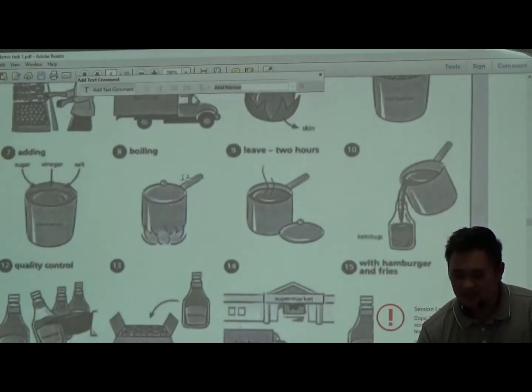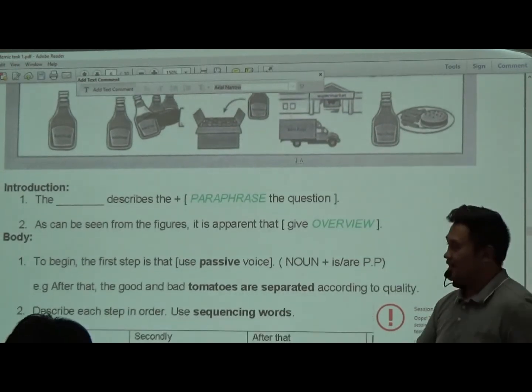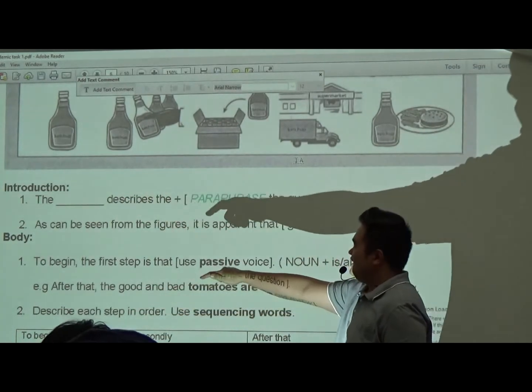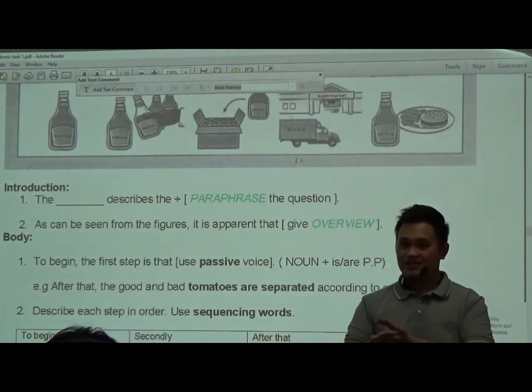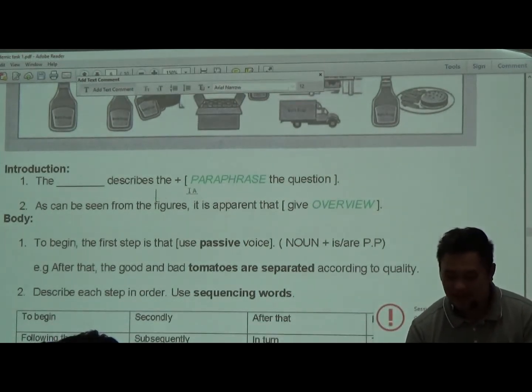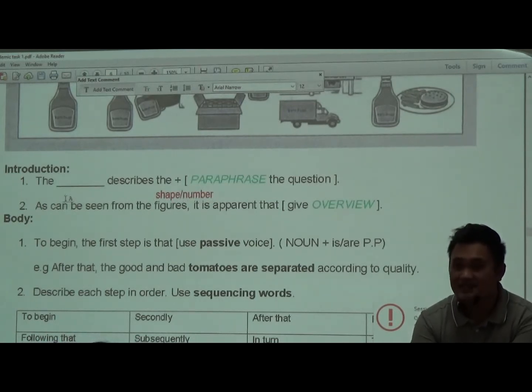We start our overview always with the same template. What is it? As can be seen from the figures, it is apparent that. It's always the same. It's a template. What does figures mean? Shape or number. As can be seen is passive for as you can see.